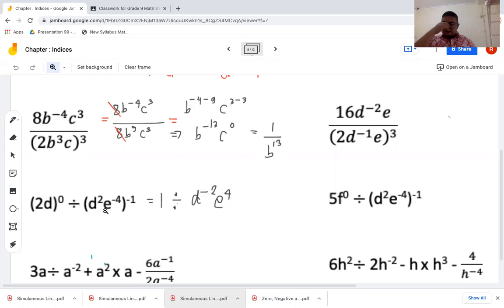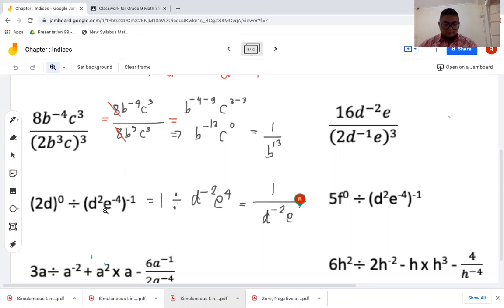Okay, so since we know that this is going to be a division process, if you are going to analyze this, this d and e will automatically become a denominator. So this is going to be 1 over d raised to negative 2 and e raised to 4.